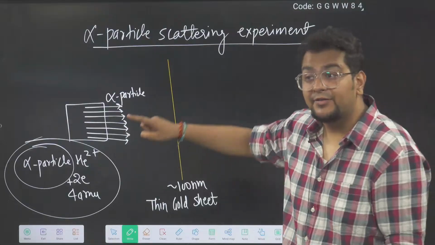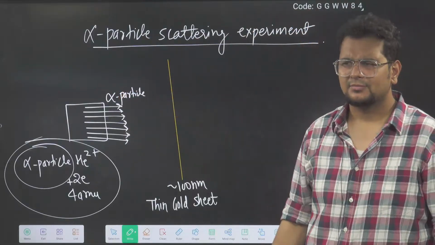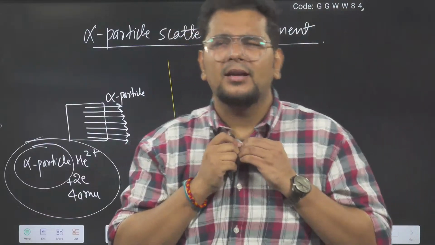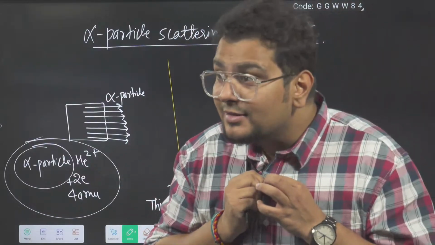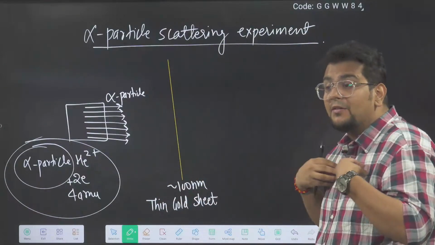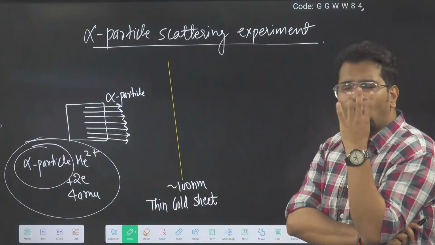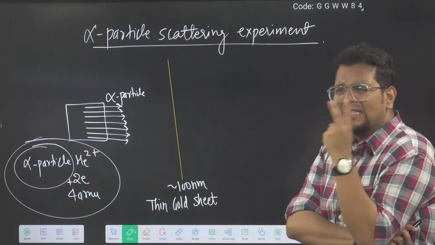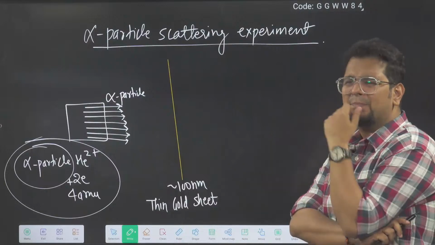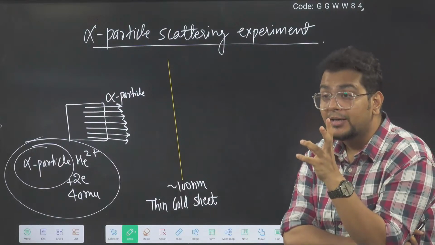Alpha particle has double the charge and 4 times the mass. So can I say my alpha particle is like the elephant of particles? 4 times mass, double charge as compared to a proton, as compared to a subatomic particle. So he's like the elephant of particles.